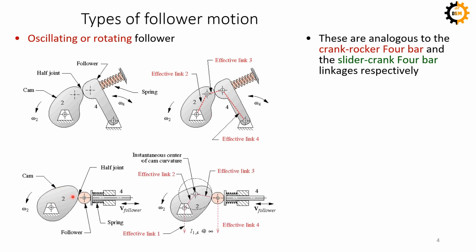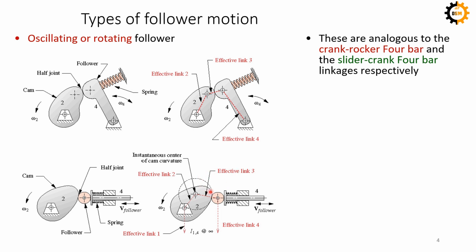Similarly, this cam follower mechanism, which has a translating follower, is a replica of an effective slider crank mechanism, or if you call the input the crank, we can call it a crank slider rather than a slider crank. Link number 2 is again the crank on the cam, and link number 3 is this one, moving from this point to the center of the roller follower.